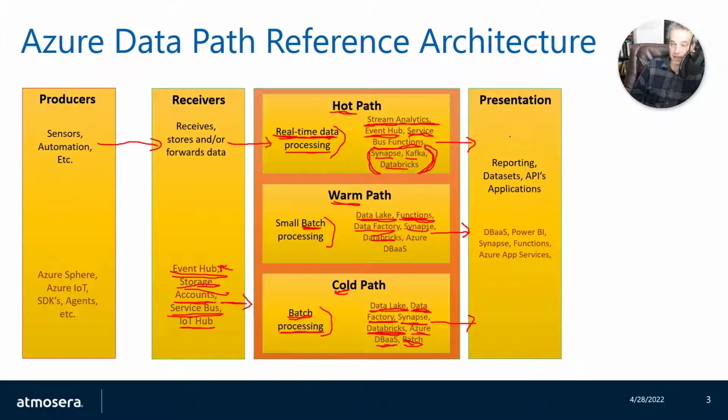Now, it could be an API that's consuming that data. So even though you process it in real time, it might not be consumed for some time down the road. So it might land in a database within seconds of receiving whatever the producer produced, but the API that's consuming that might not read it till an hour or 5 minutes later.